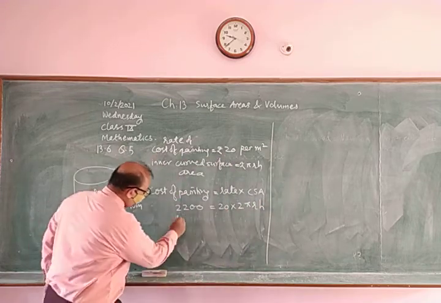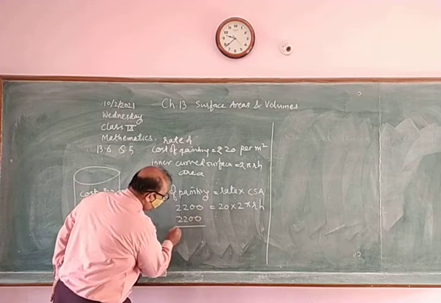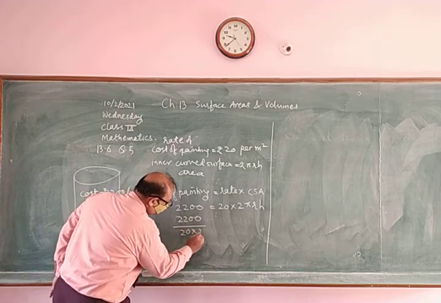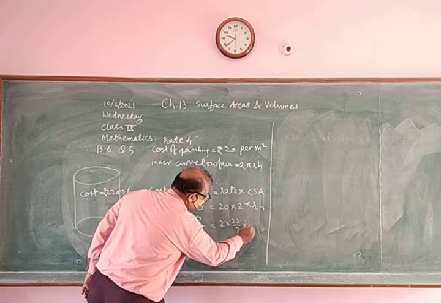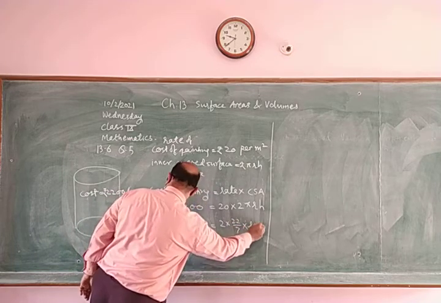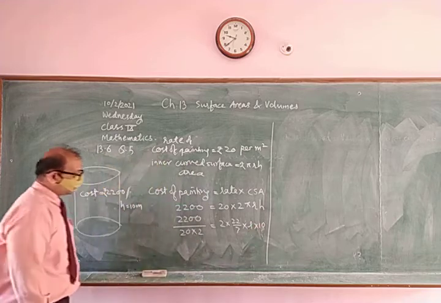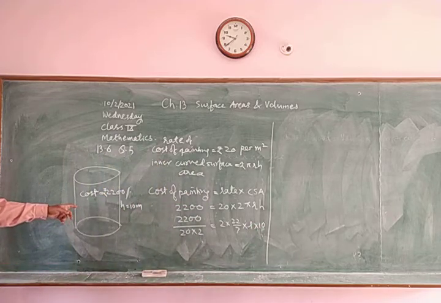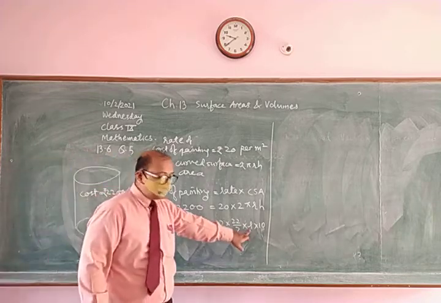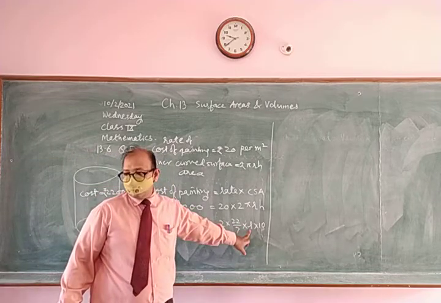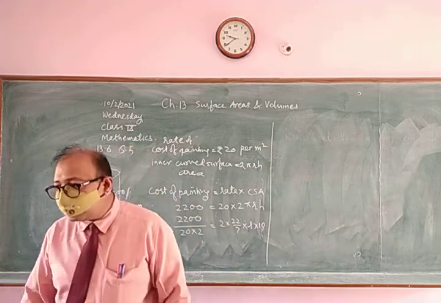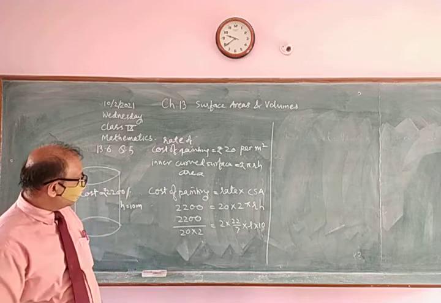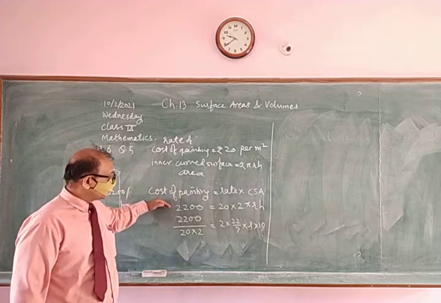Now look here. 2200 upon 20 into 2 is equal to 2 into 22 by 7 r, and h is 10 meter. With the help of this you can find the radius, but first we have to find the curved surface area.